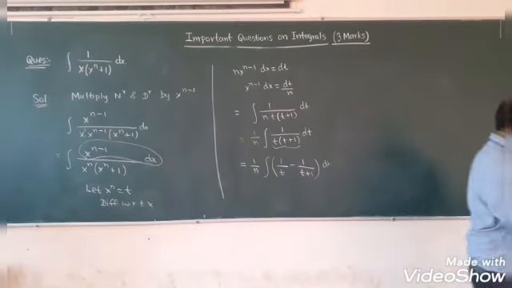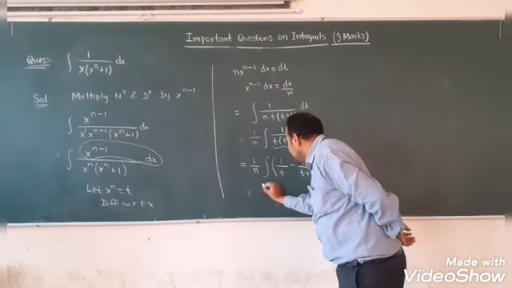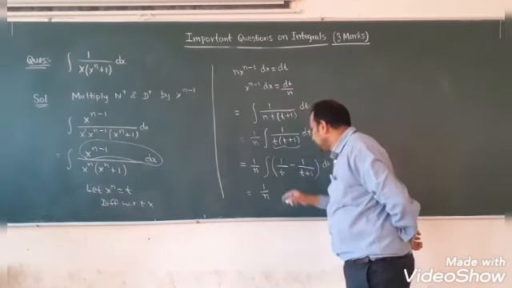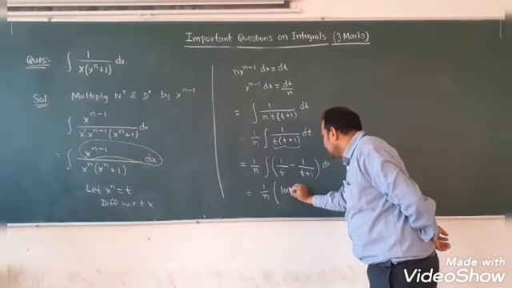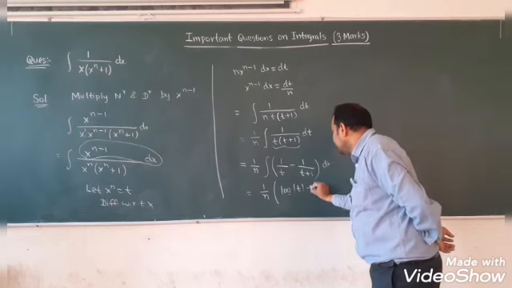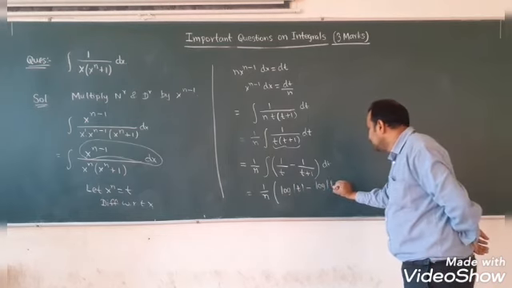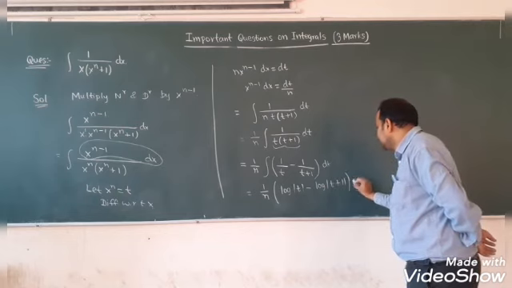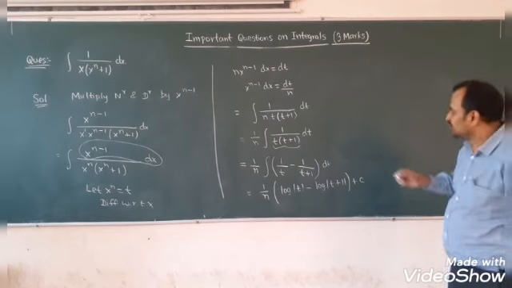So the question is over. This we can write as 1 by n times the integral of 1 by t, which is log of mod t, minus the integral of 1 by t plus 1, which is log of mod of t plus 1, plus c. Log a minus log b we can write as log a by b.